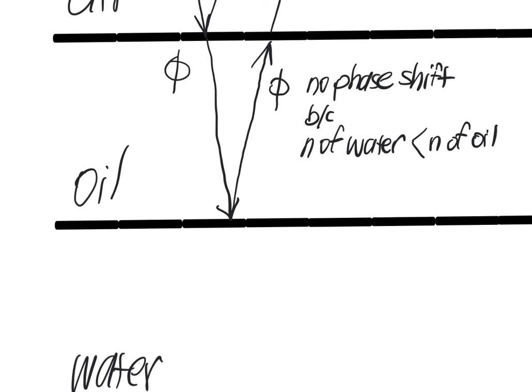So now we can see that the reflected ray from the air-oil boundary and the reflected ray from the oil-water boundary are 180 degrees apart.